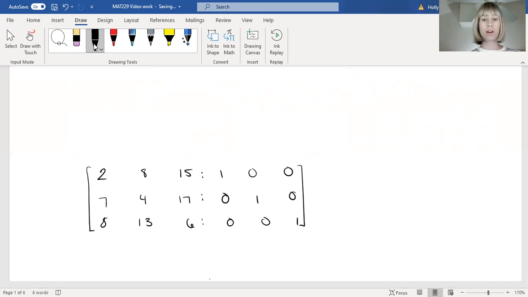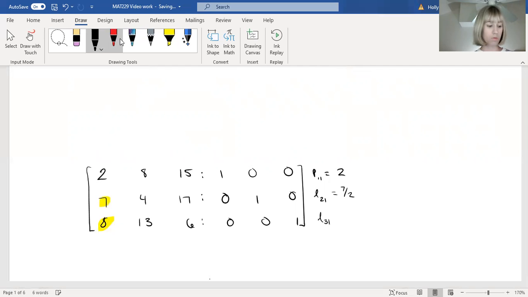For our steps, first we identify our pivot. Our first pivot is 2. We are going to eliminate 7 and 8. For the position at 2,1, our multiplier is 7 over 2.